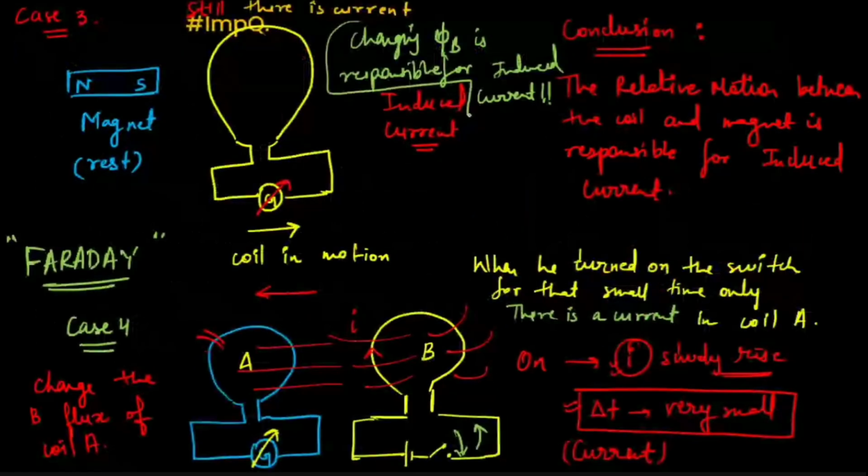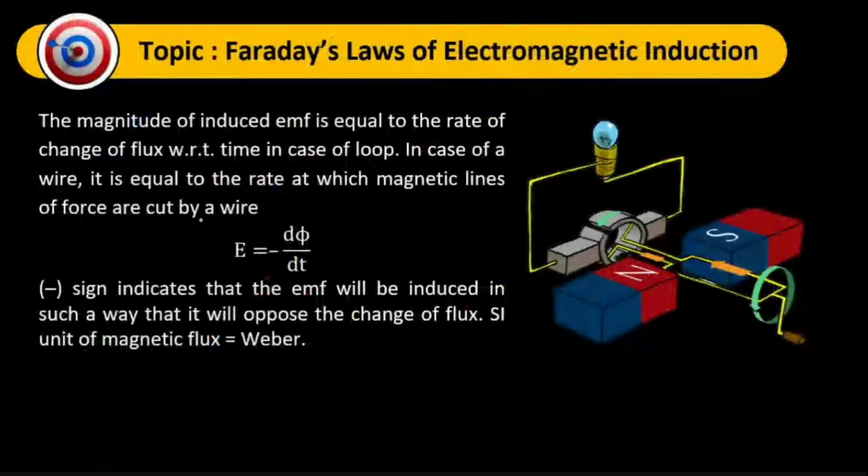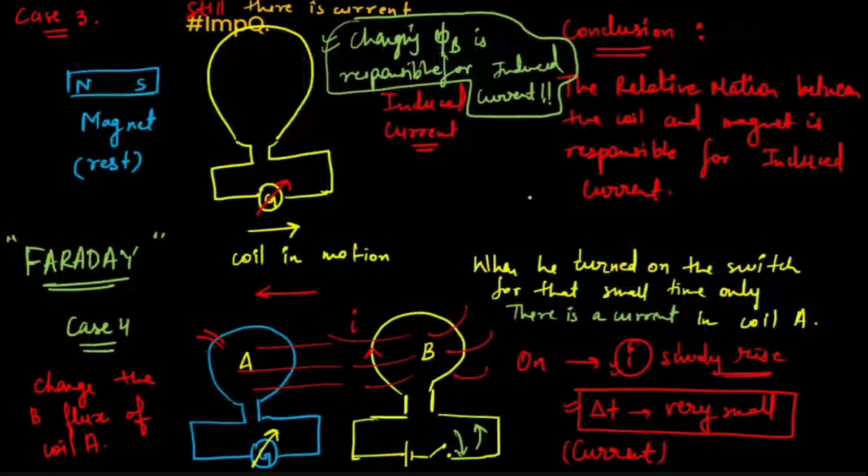And this is the principle which we use in electromagnetic induction, and in the generation of electricity also. In whatever device there is something linked to the magnetic field, that principle somehow works.